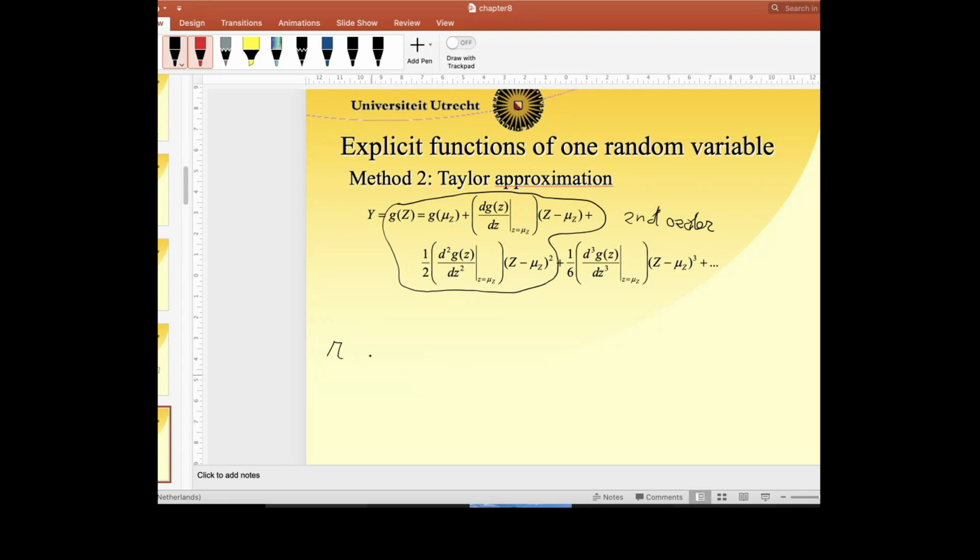So in this case, the mean of y is approximately equal. Now let's see. We take the expected value of the first three terms: 1 plus 2 plus 3.